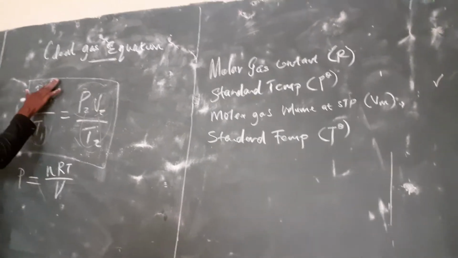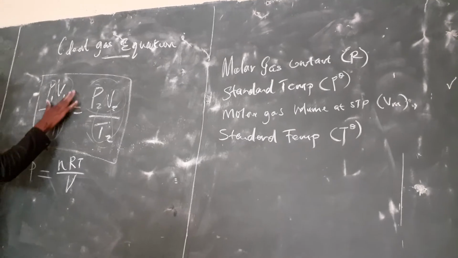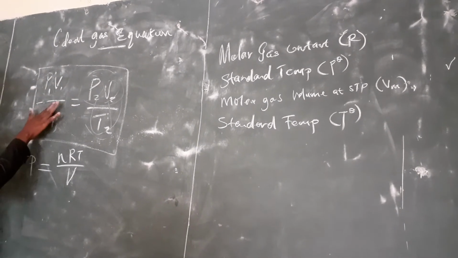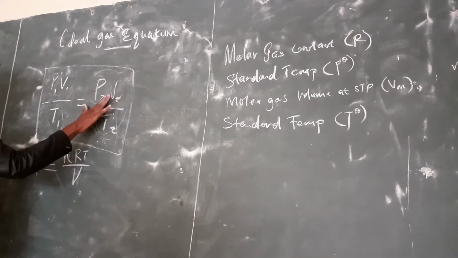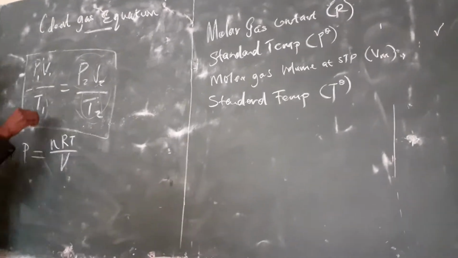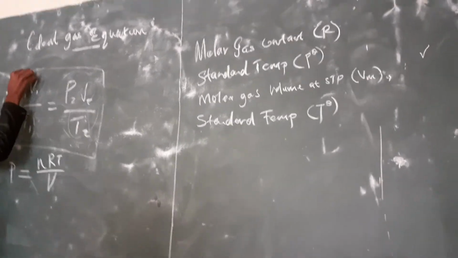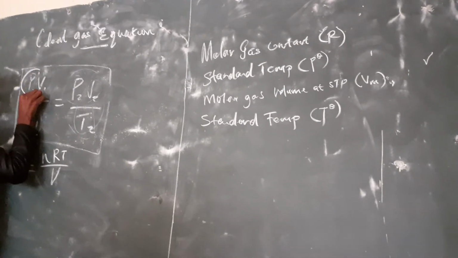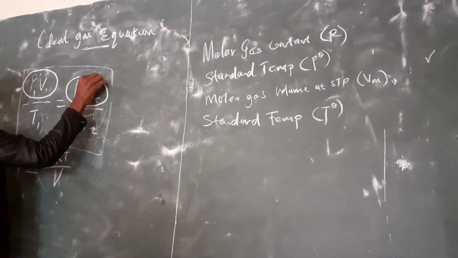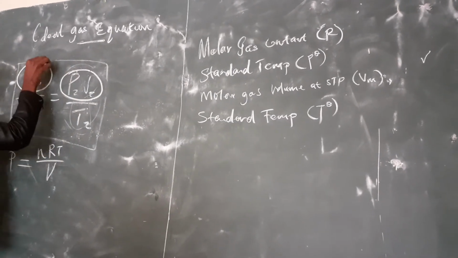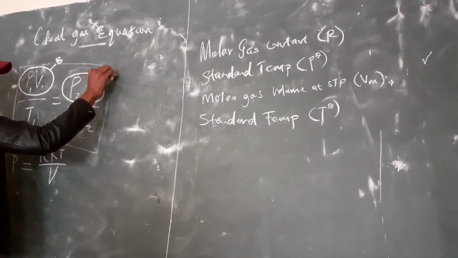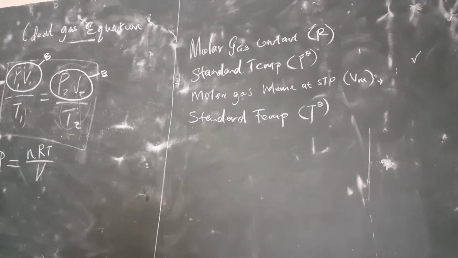Now, I need to differentiate all these so that you can understand them in this form. Looking at this, we said that this one is Boyle's. It's B. This is how you identify them.